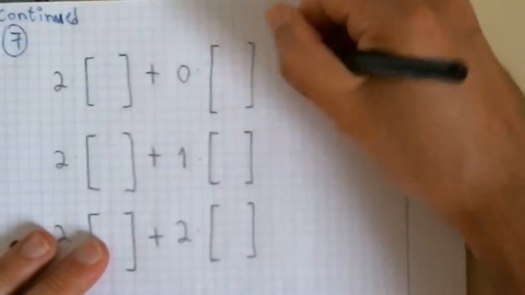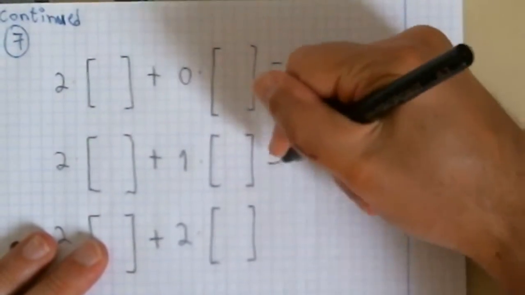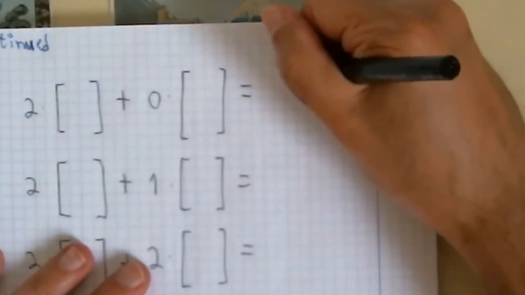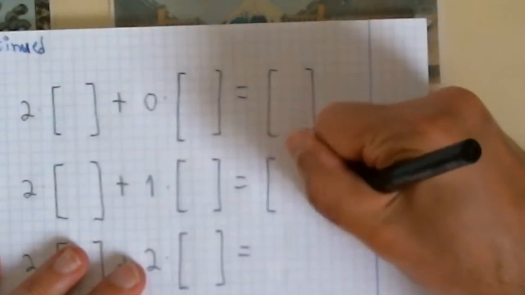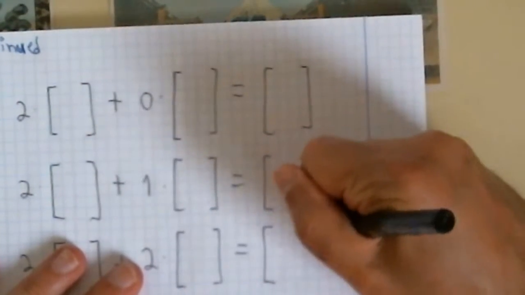And it equals each time a different result. This equals something, this equals another something, and this equals another something.